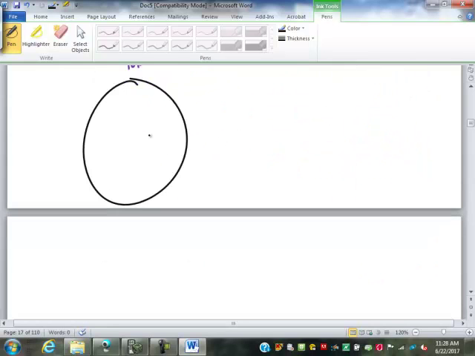The other application of this is, let's say we have a chart that looks like this.